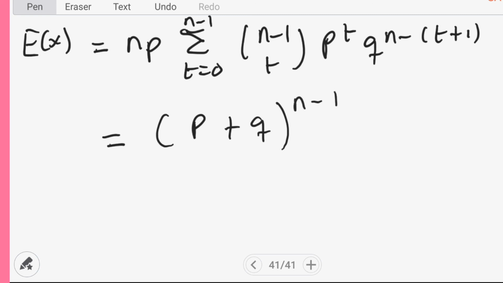Now remember that q is equal to 1 minus p.